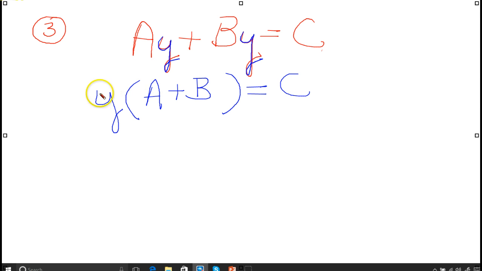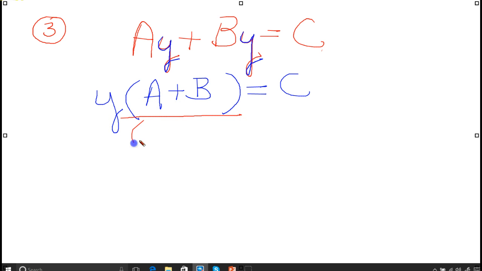Now remember, we had the distribution principle, so we can reverse it. So these were two individual terms, and now this is just one term as a product, where we've multiplied. Now, it's this times this. So how do I get rid of the A plus B? Well, I divide it out.